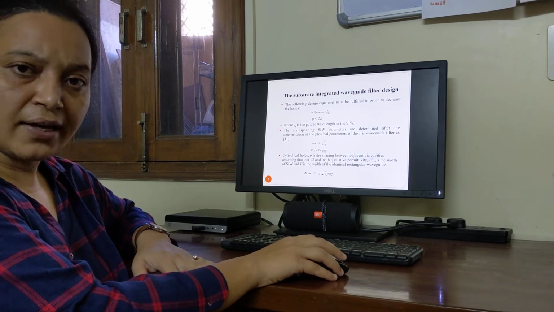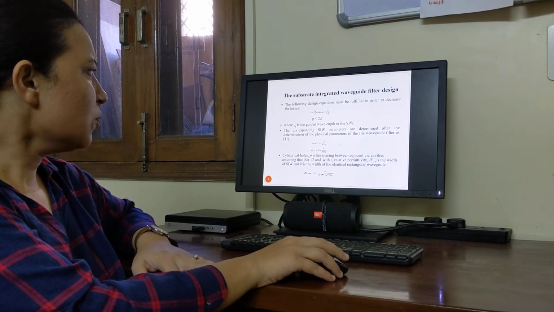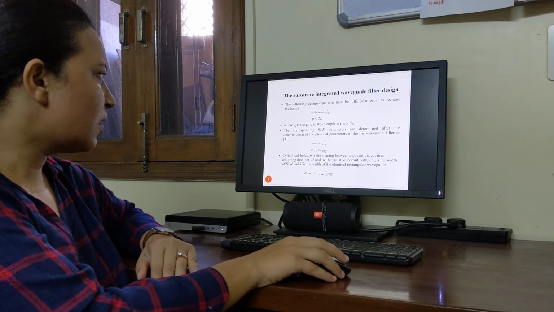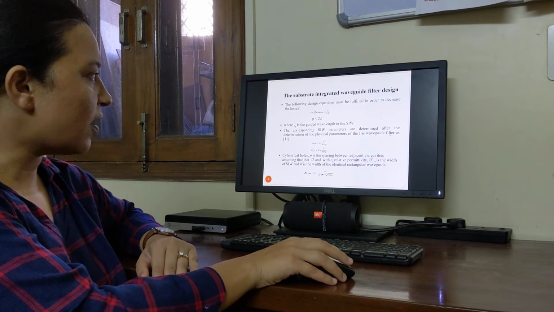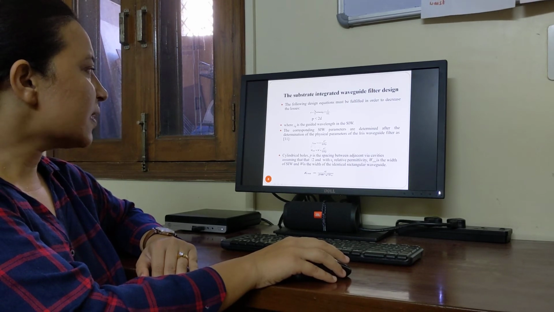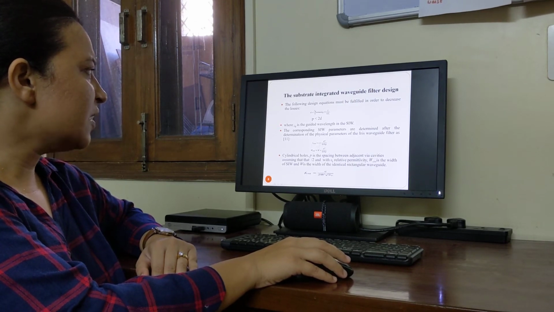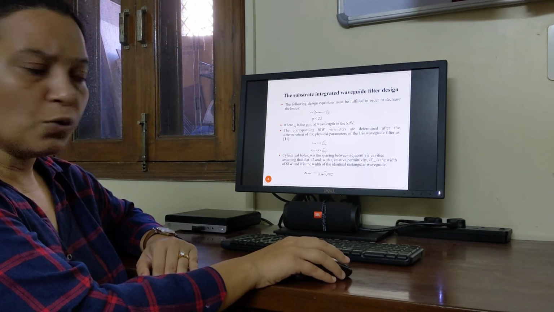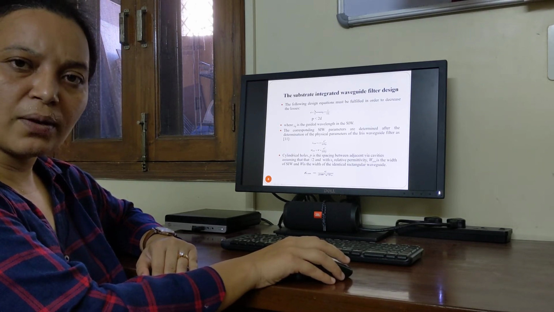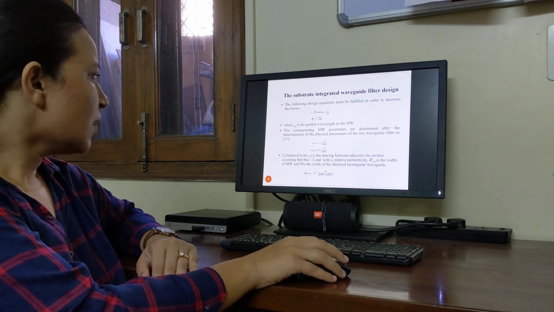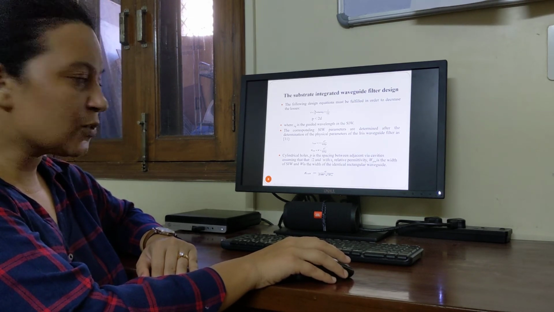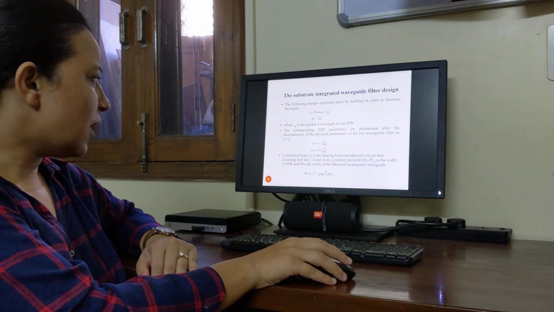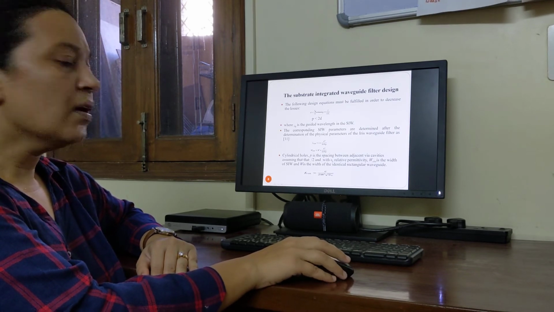Lambda g is the guided wavelength in SIW, and the corresponding SIW parameters are determined after determination of physical parameters of the equivalent rectangular waveguide filter, that is LSIW is L plus D square by 0.95 P, and WSIW is equal to W plus D square by 0.95 P. Cylindrical holes, P is the spacing between adjacent wire cavities, with epsilon r the relative permittivity.